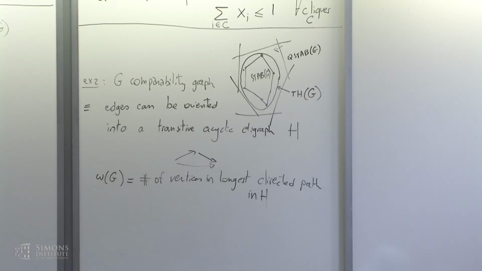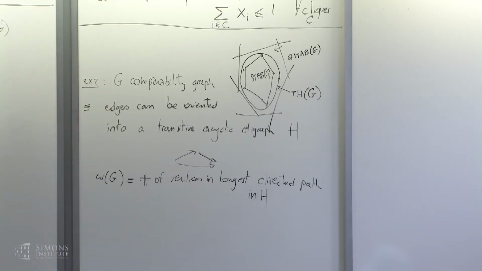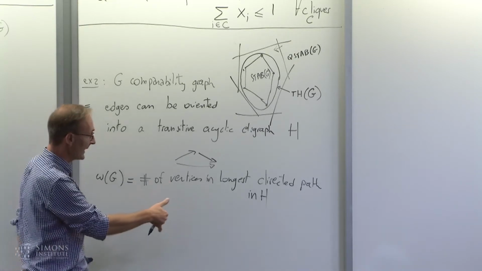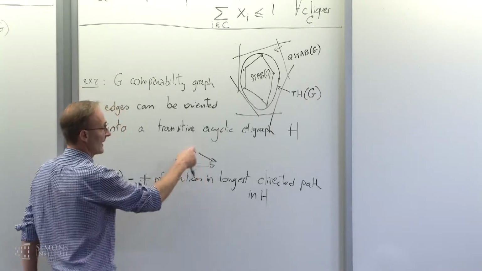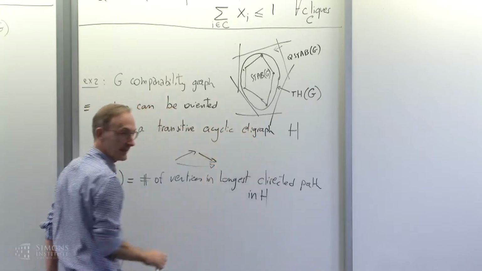And what is the chromatic number? For the chromatic number, you have to use stable sets. So what is a stable set in that case? That's a set of vertices that cannot be compared in that digraph.